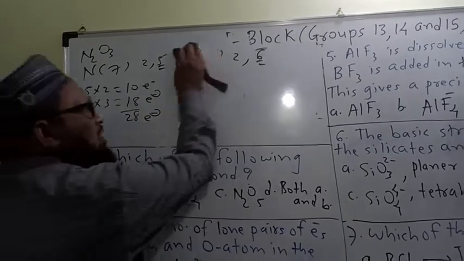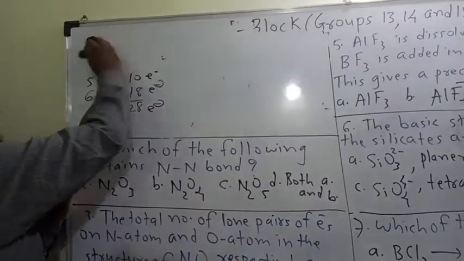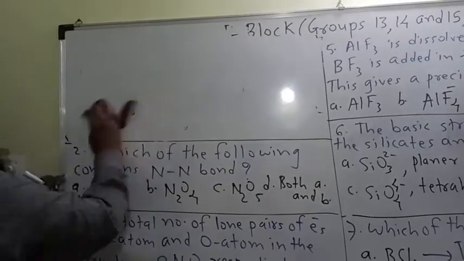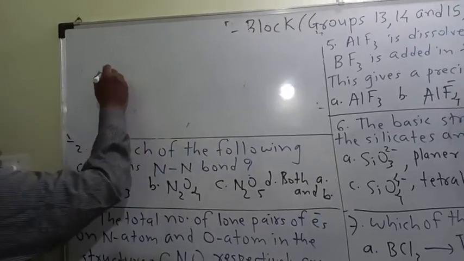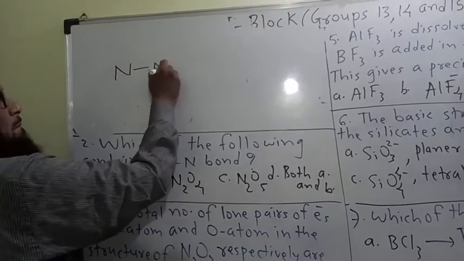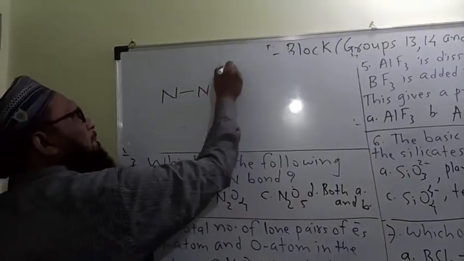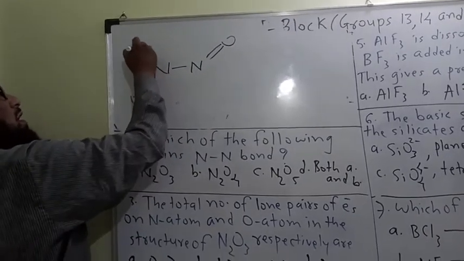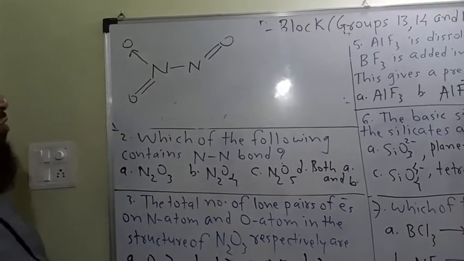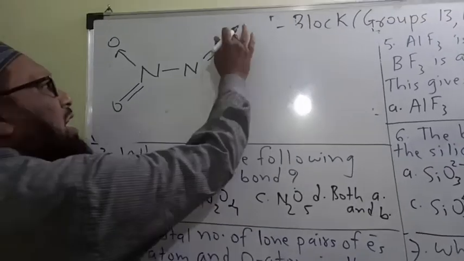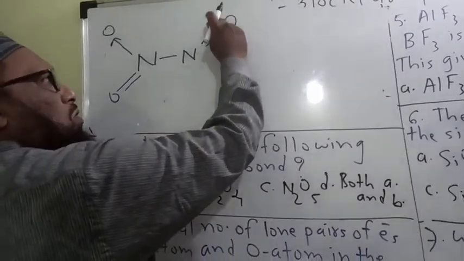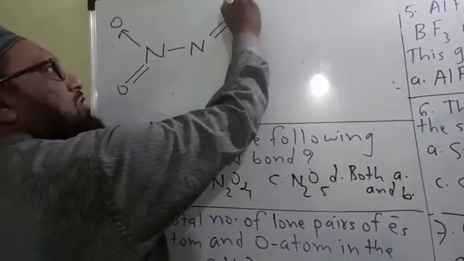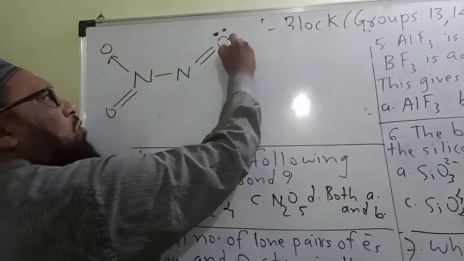Let us draw this structure and complete the octet also. This is the structure of N2O3. Now let us try to complete the octet. Total 4 electrons, 4 are remaining, 2 lone pairs on oxygen.